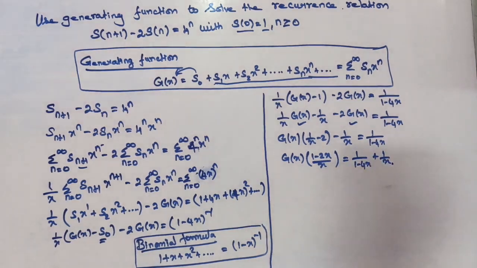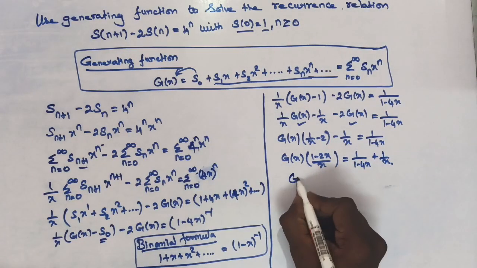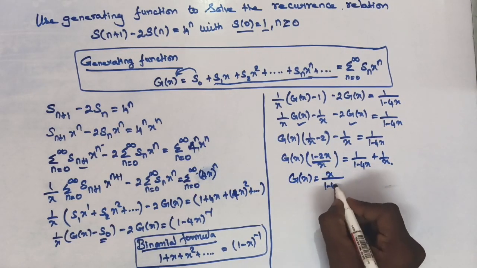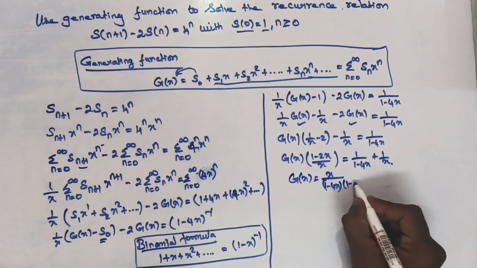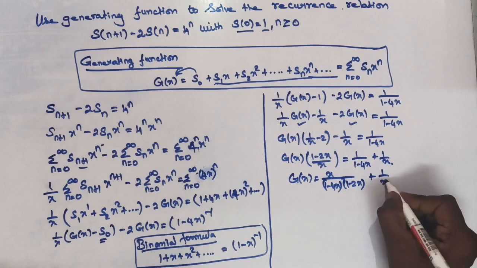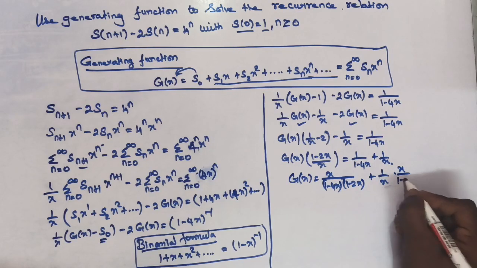Then you can cross multiply this. G of x equals x divided by (1 minus 4x)(1 minus 2x) plus 1 by x into x divided by 1 minus 2x.